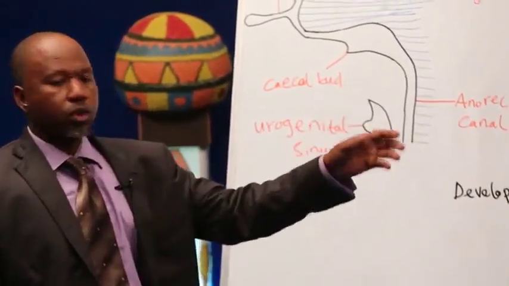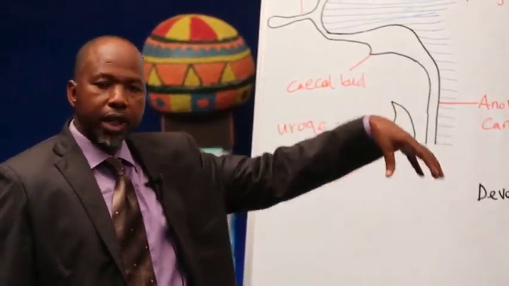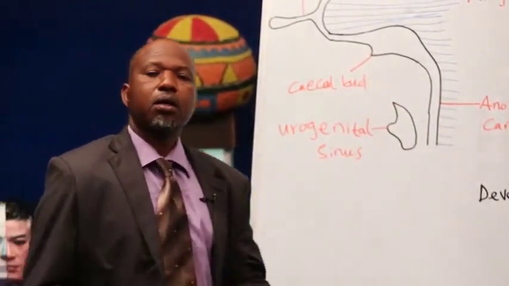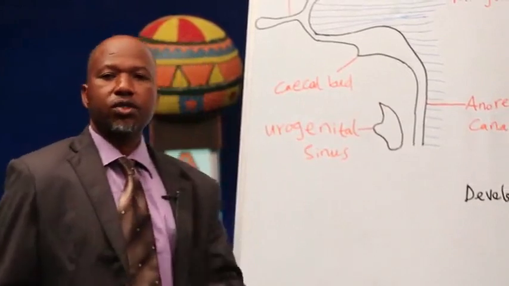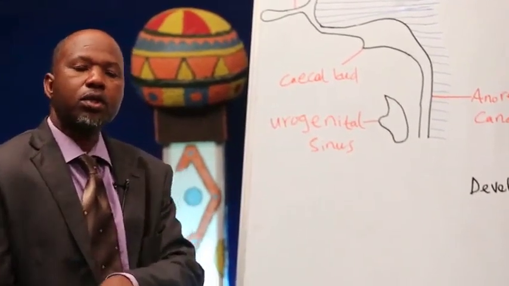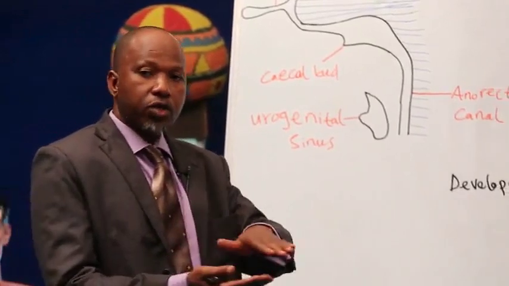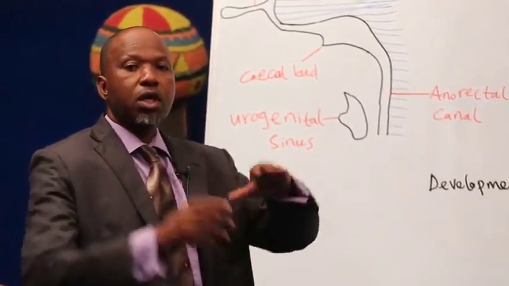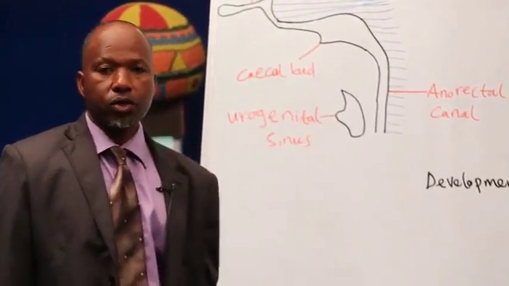The inner aspect of the tube is the endoderm. And if you remember, the trilaminar germ disc has at the inferior aspect the endoderm. In the middle, we have the mesoderm, and at the top, we have the ectoderm.